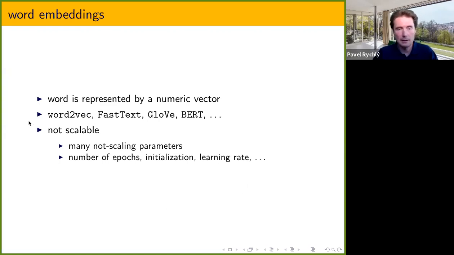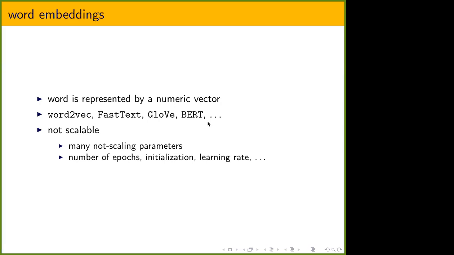It started with word2vec, and there are more advanced or a bit different methods like fasttext and glove, and in the last few years the context vectors based on BERT or other modifications.